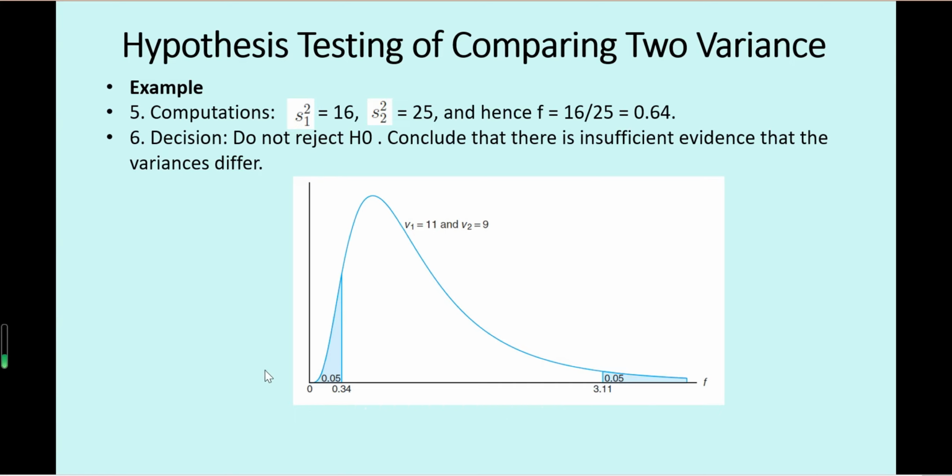Because 0.64 is not in the critical region, the blue one, we conclude that we do not reject H0 and that there is insufficient evidence that the variances differ.